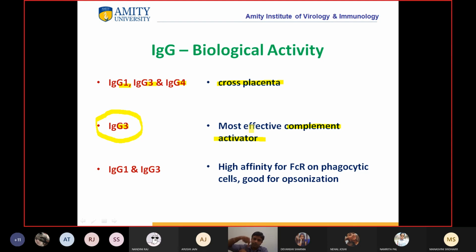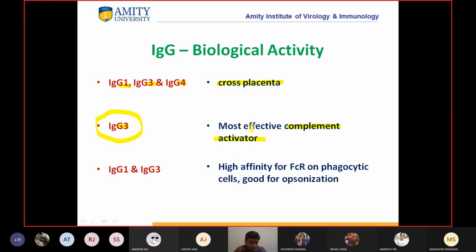The ultimate aim of the immune system is to kill the pathogen and remove it from the system. So what happens in the complement system? The antibody binds to the antigen. This whole complex of antigen and antibody leads to activation of the complement system, and that leads to killing of the pathogen. We will understand this concept when we study the complement system in detail.